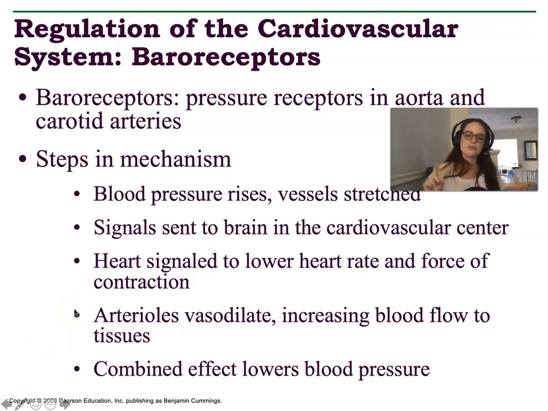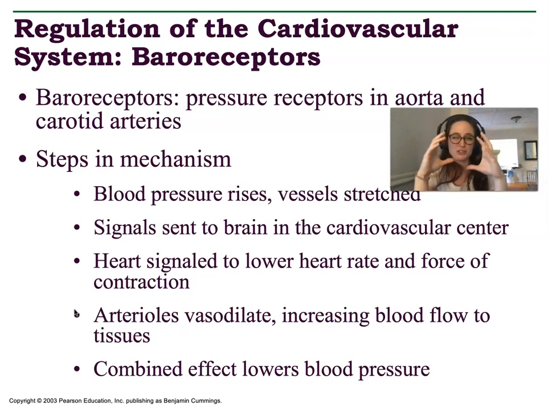In addition to lowering heart rate and force of contraction, which again, your heart is generating blood pressure by pumping blood out into it, so that helps decrease blood pressure, but also if we can increase the diameter of the blood vessels, then we can reduce the pressure that it's under.